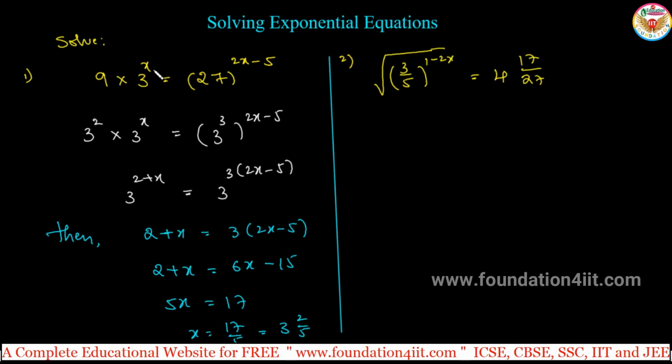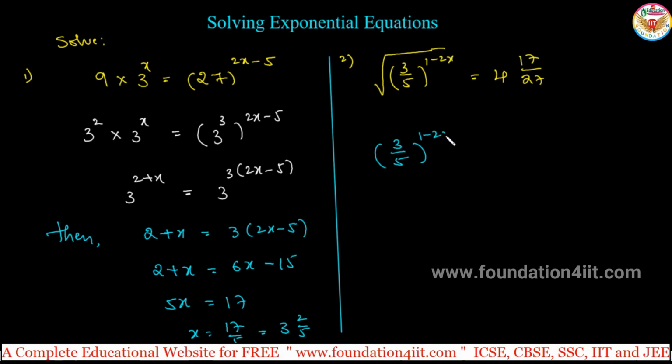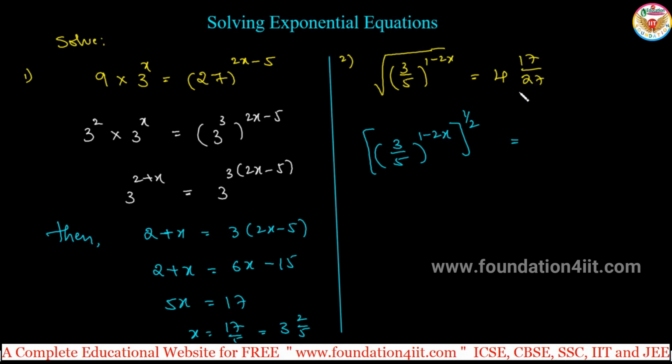You have to solve it, so simplify both sides first. Removing the square root means the power 1 by 2, so (3/5)^(1-2x) to the power 1/2 equals 4 17/27. Converting the mixed fraction into improper, that is 125/27.